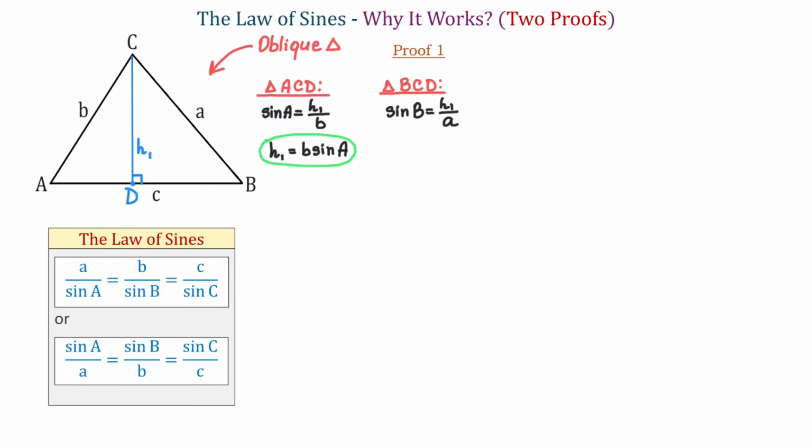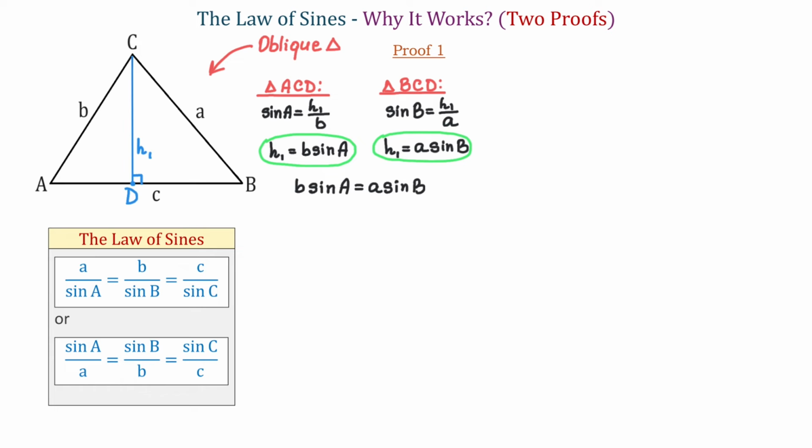Then if we solve this for h sub 1, we will have h sub 1 equals a sine of angle B. And now, because both these expressions represent h sub 1, then we can write that b sine of angle A equals a sine of angle B.